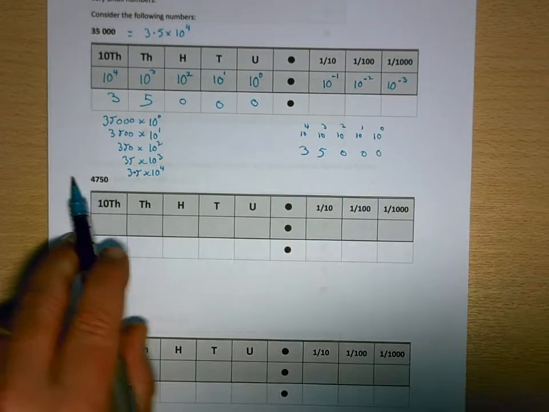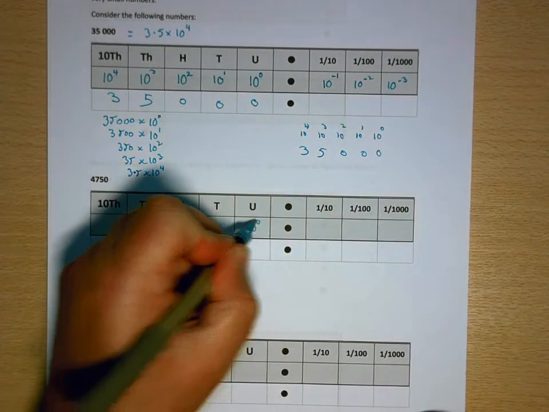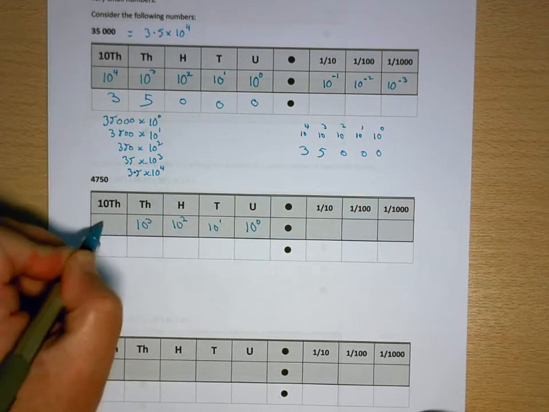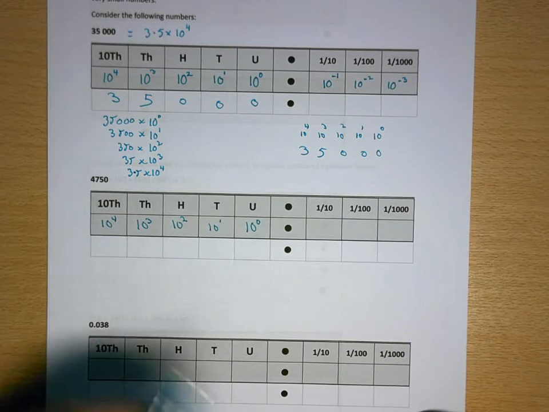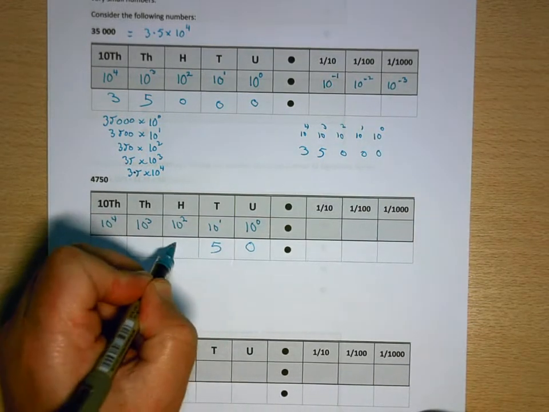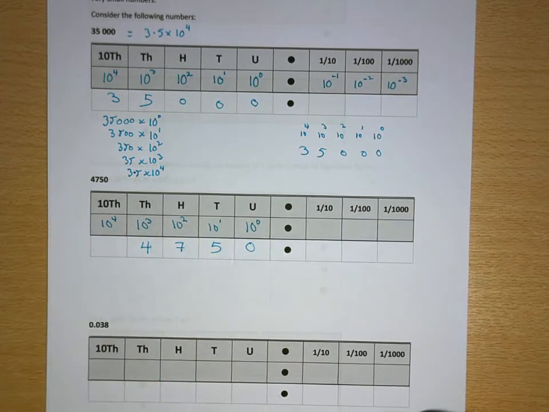So the next one, same thing, here's my grid: 10 to the 0, 10 to the 1, 10 squared, 10 cubed, 10 to the 4. Drop in my number, 0, 5, 7, 4.